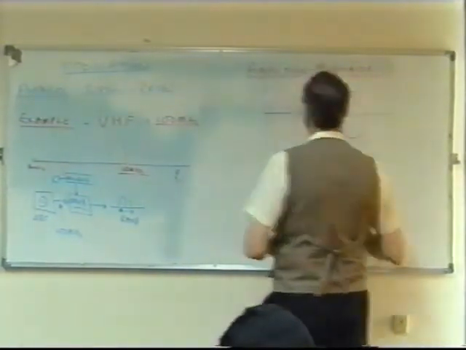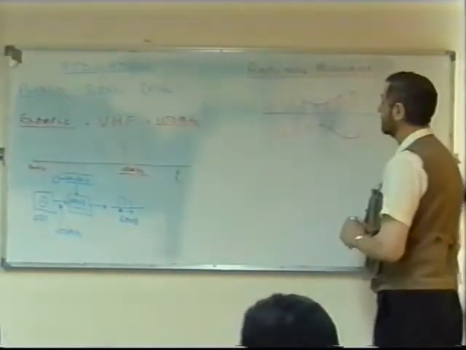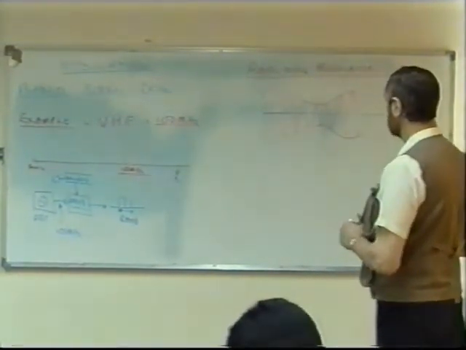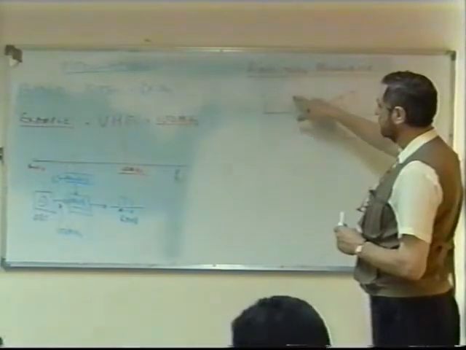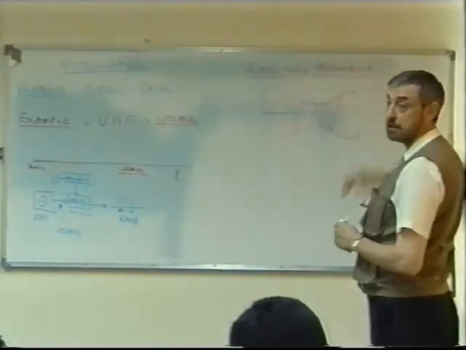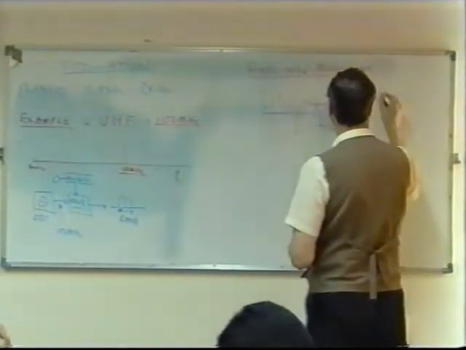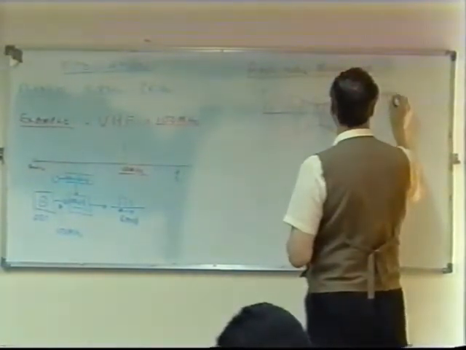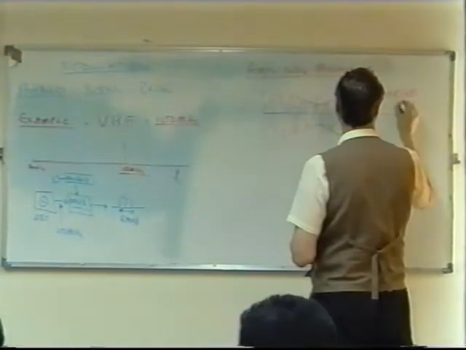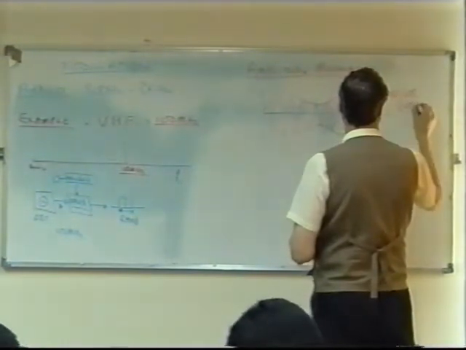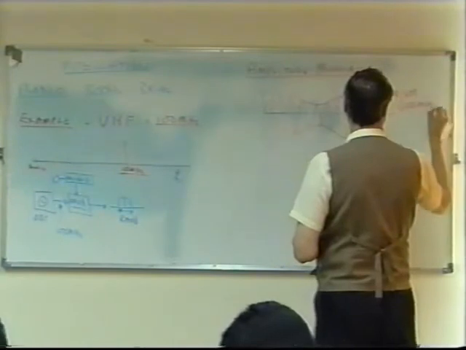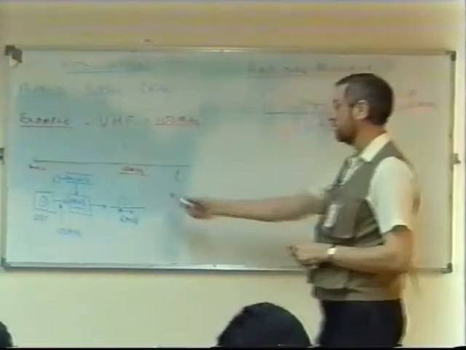Now, there's a much better diagram of this in your notes, but have a look at this. This wave here is our 100 megahertz signal, the carrier, what we call the carrier wave. And in my example, I've used 100 megahertz as the example here.